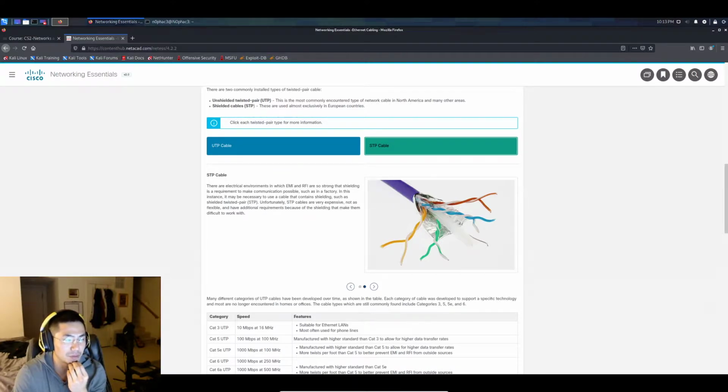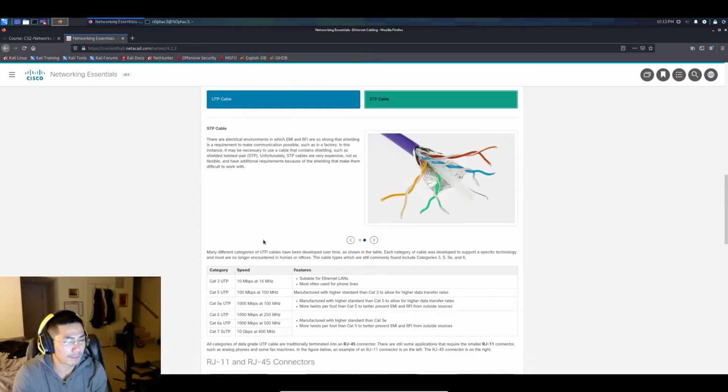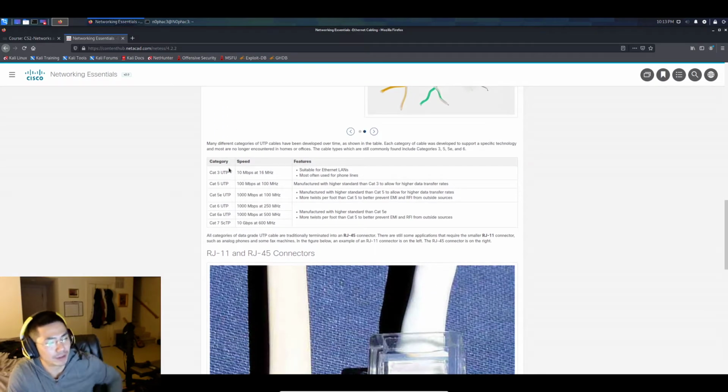But they're extremely expensive, and they're not flexible at all either. And these are going to be the types of unshielded twisted pairs and shielded twisted pairs.